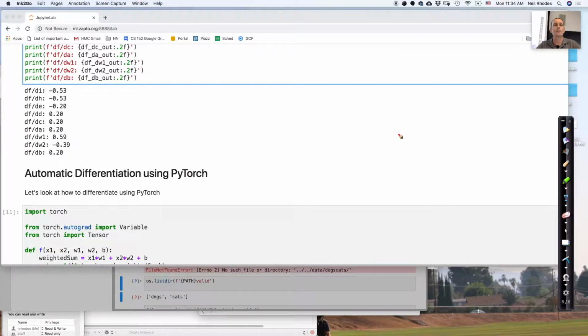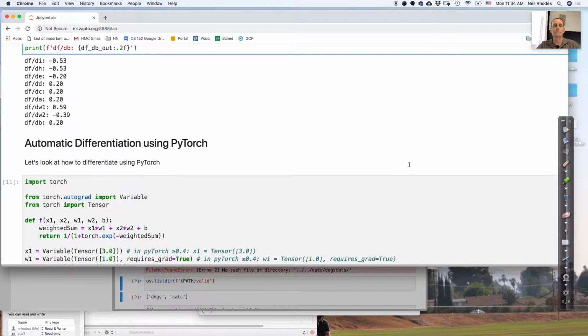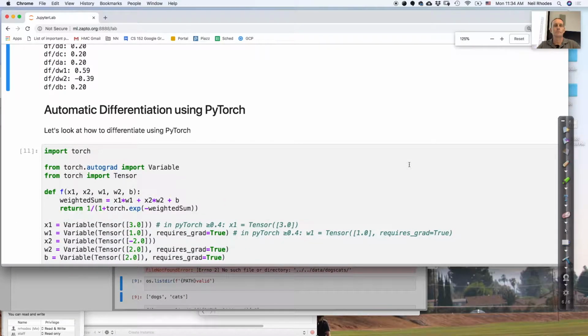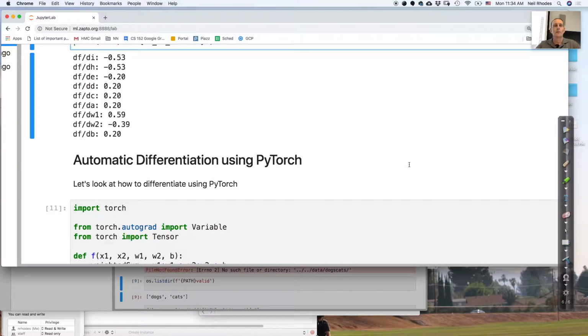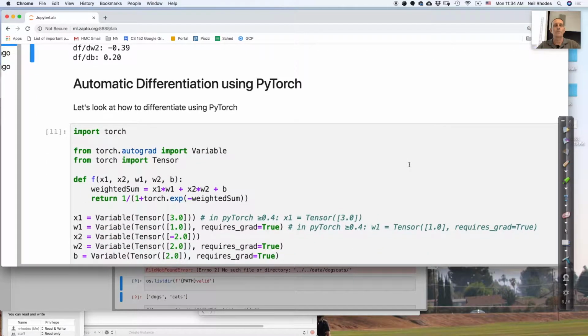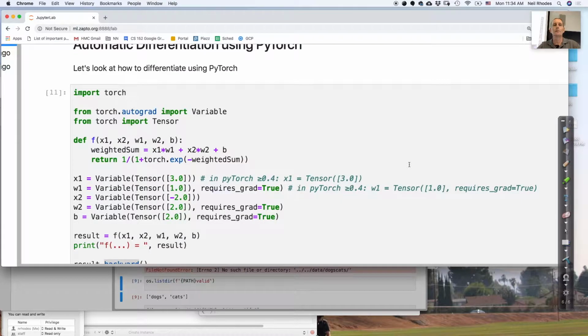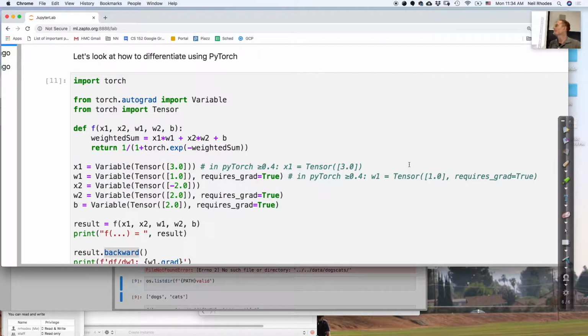Okay, so using PyTorch, I've defined just a function, f of x1, x2, w1, w2, take a weighted sum, and then return 1 over 1 plus torch.exp.